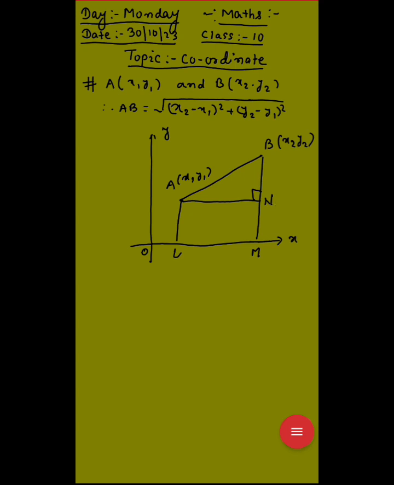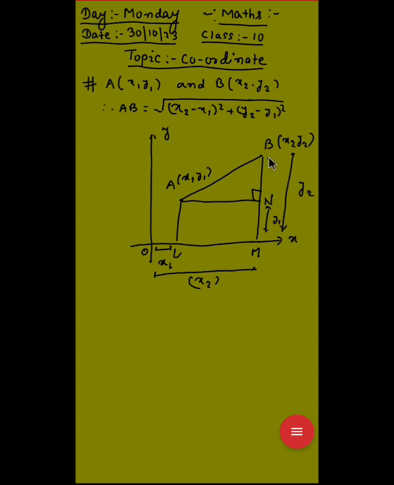So now we are going to find the distances. From the point O, this is x1, and this distance is x2. Again from point P to the origin, this whole distance is defined by x2, and this distance is defined by y1.